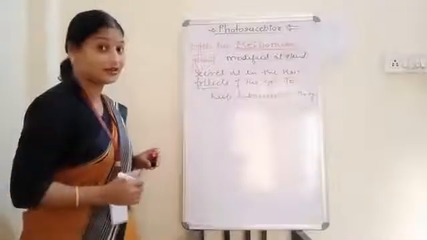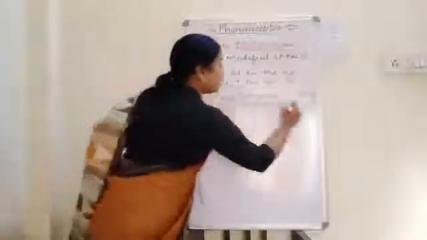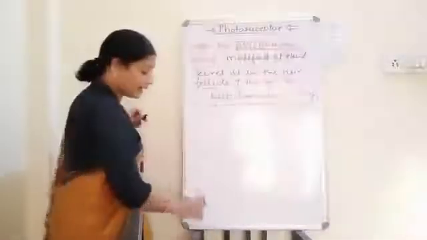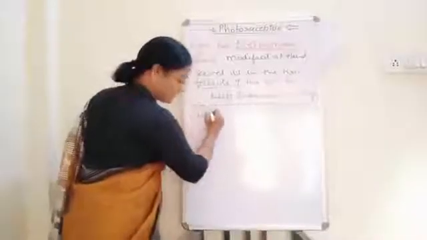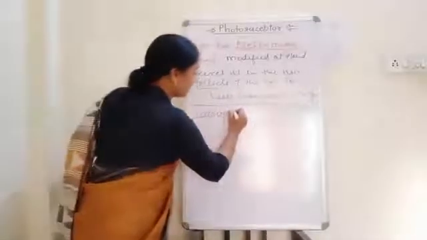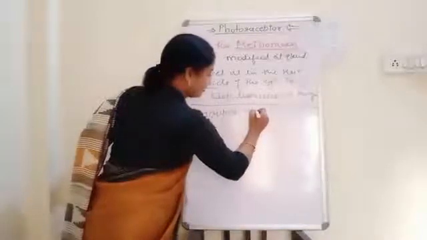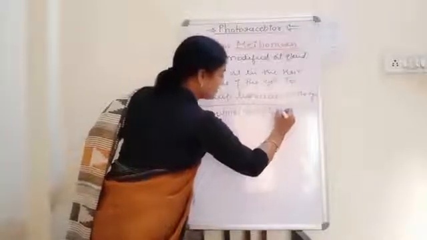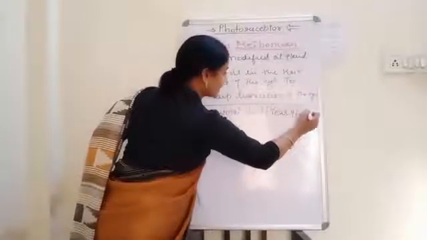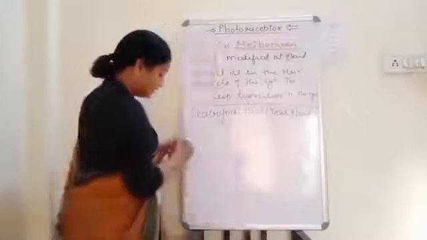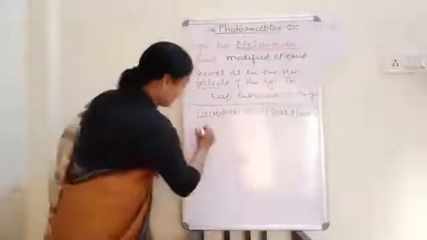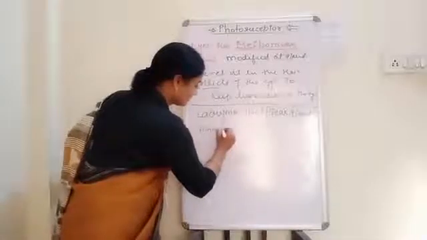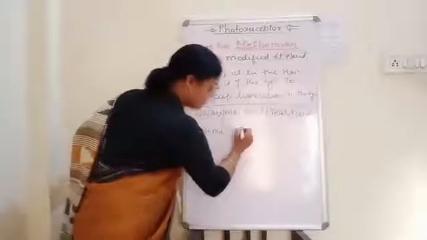After this, children, our eyes have one more gland, and that is called the lacrimal gland. This is also called the tears gland. Now, this gland is almond shaped. Okay, we will draw the figure, then we will see.